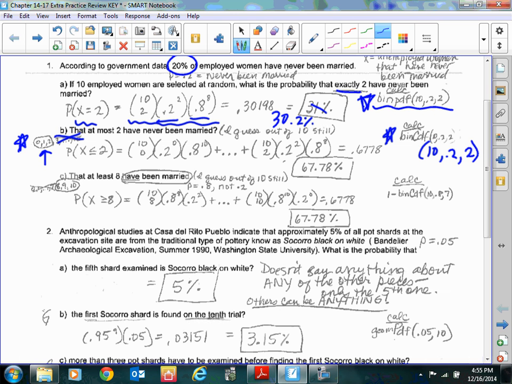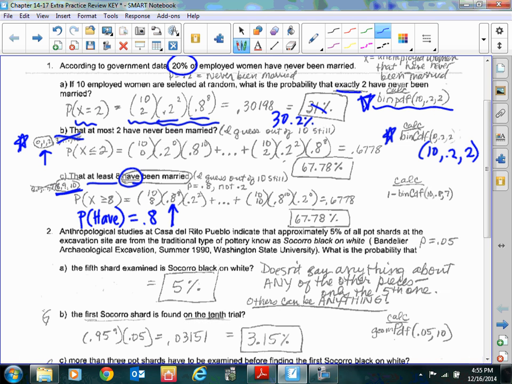Now, C is interesting in that it says at least 8 have been married. In this problem, I changed my probability of success because I'm talking about have been married, which is 0.8. So that meant that I want 8 or more that have been married.